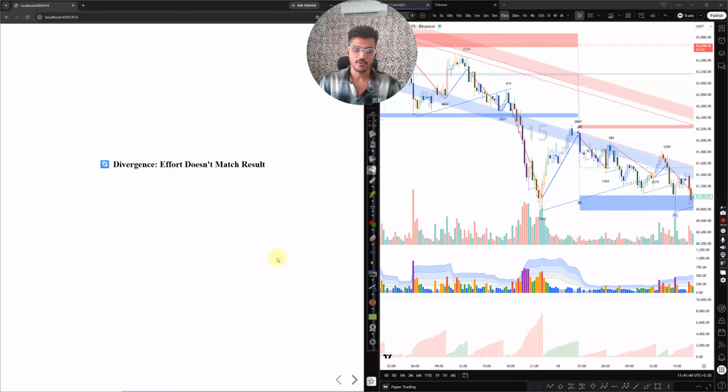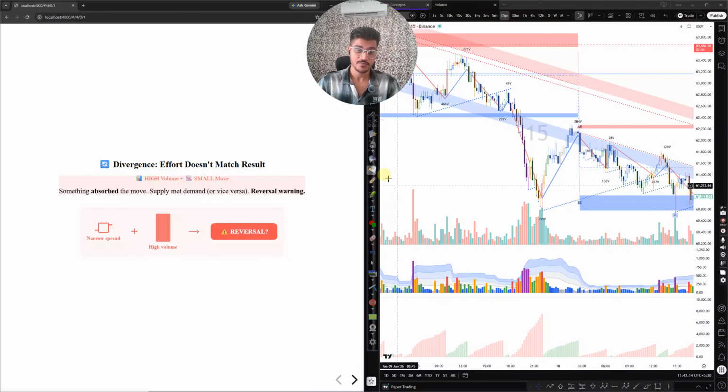What happens is we have high volume but the move is very small, or the move is very big, making a new high, but the volume is less. That means something absorbed the move, where supply met the demand or vice versa. This is a reversal warning, and it is one of the best signals that you're going to see. I'm going to teach you how to identify those.